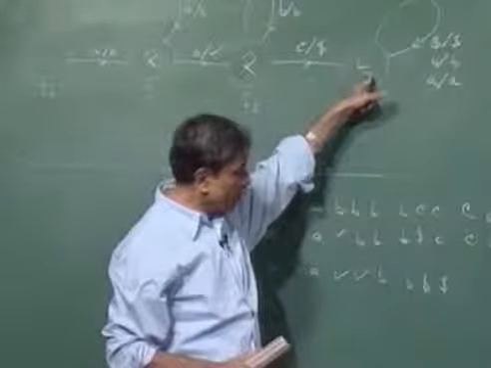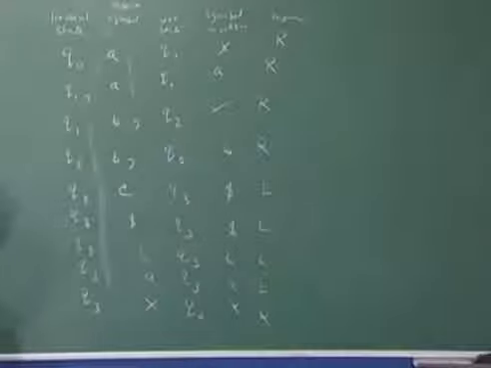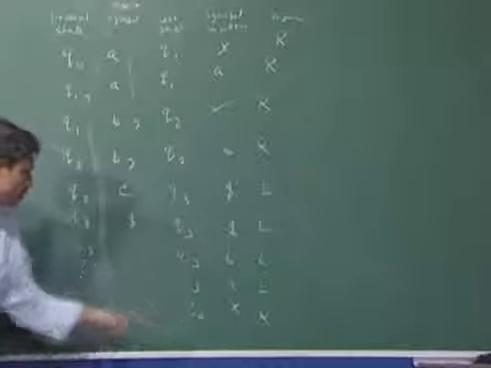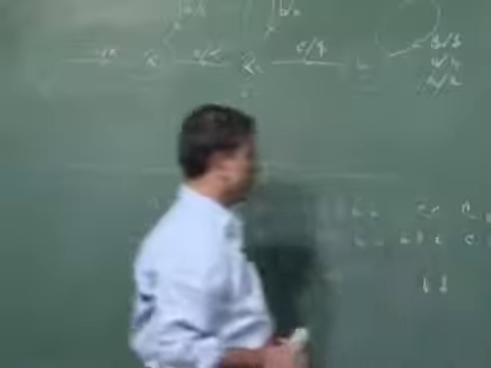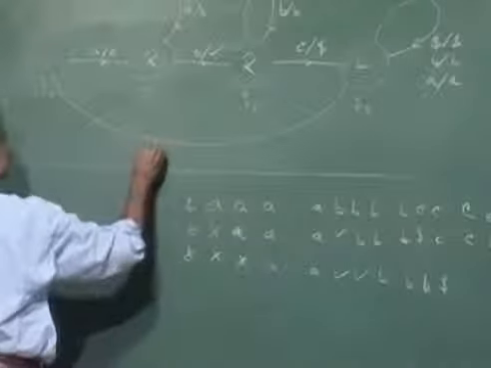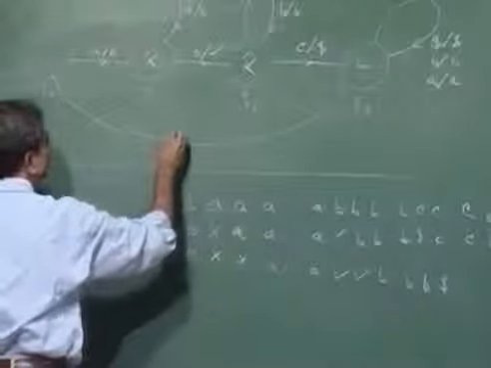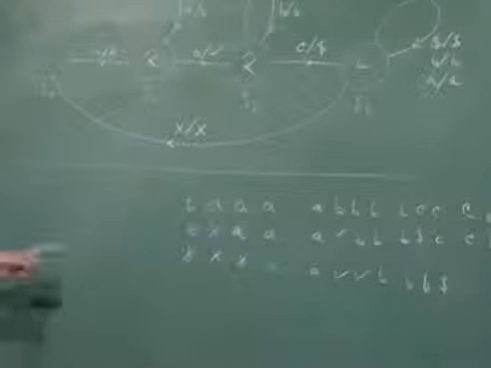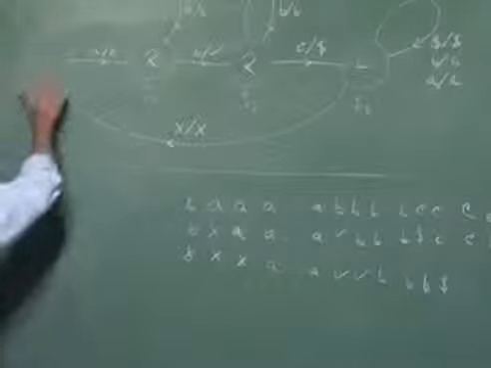And now in Q3 if I see an X, then what do we do? We go to Q0. Of course, we do not change that symbol, the same symbol is written back, but I move to the right. So, you can see that Q0 is a.